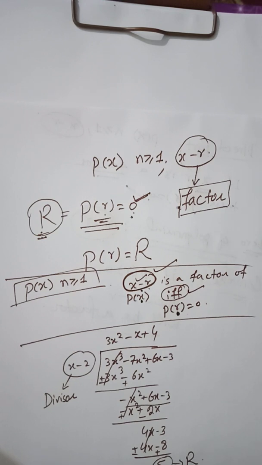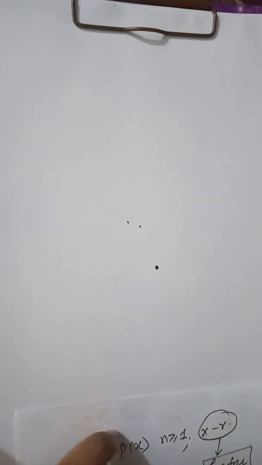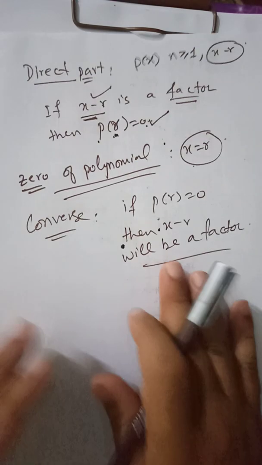When you compare x minus 1 with x minus r, you get r equal to 1. So whenever you replace 1, 2 or 3 in the given polynomial, you will always get 0 from the calculation, meaning that x equal to r is a zero of the polynomial, a value at which the given polynomial gives you 0.